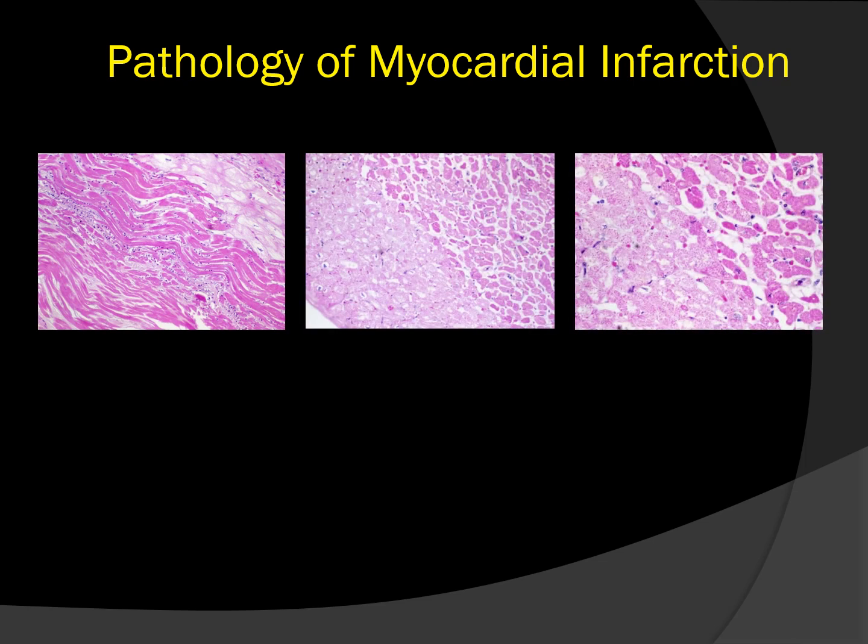By day 2, breakdown of myocardial cells, termed myocytolysis, is seen as pallor of necrotic cardiac myocytes, seen here in the left half of the image. The pallor is caused by disruption of the sarcolemma, resulting in accumulation of salt and water within the myocytes.